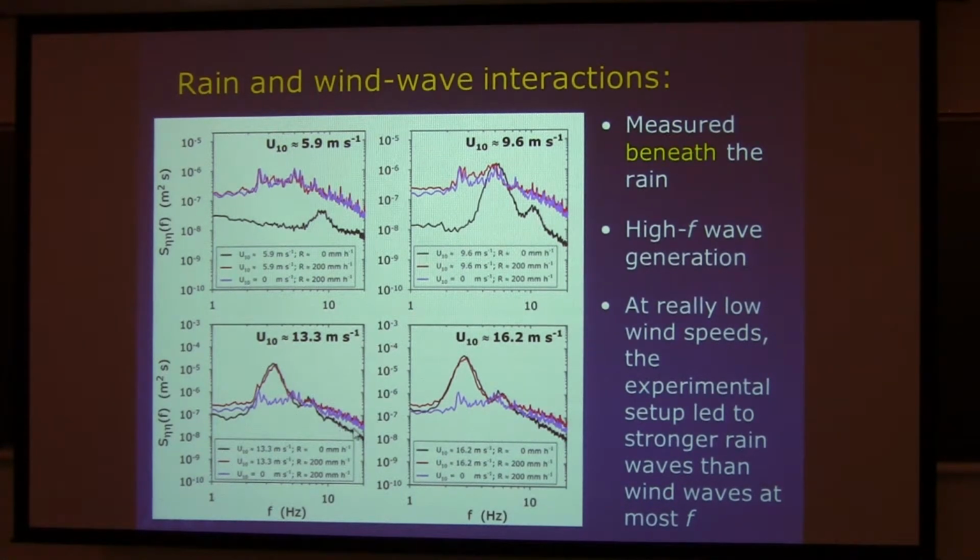At higher wind speeds, there is a small change in low-frequency energy. There's a small decrease in low-frequency energy observed, but once again, there's high-frequency energy being injected by the presence of rain. And the same is true at the higher wind speeds.